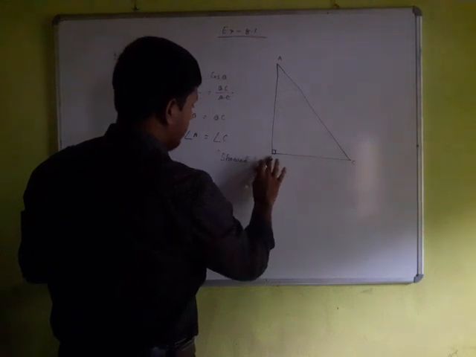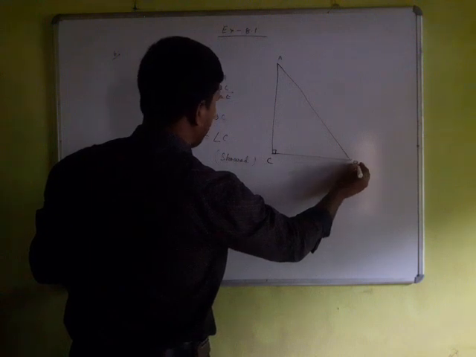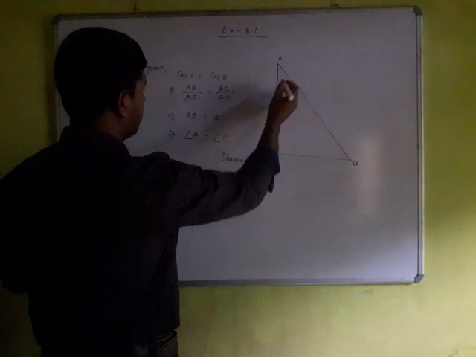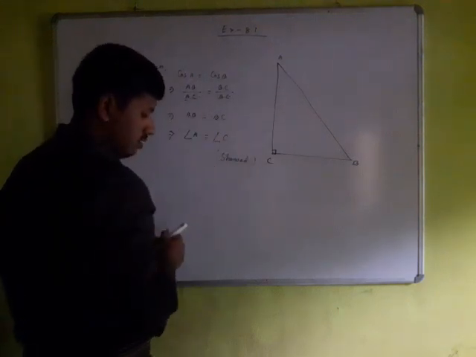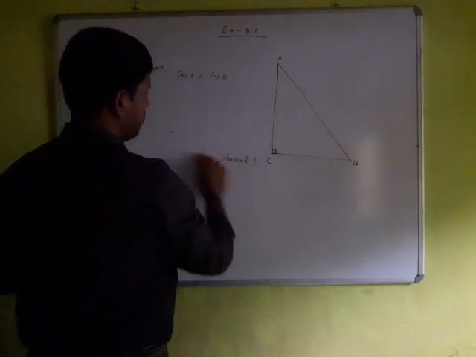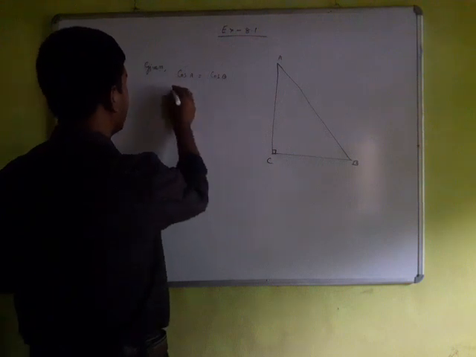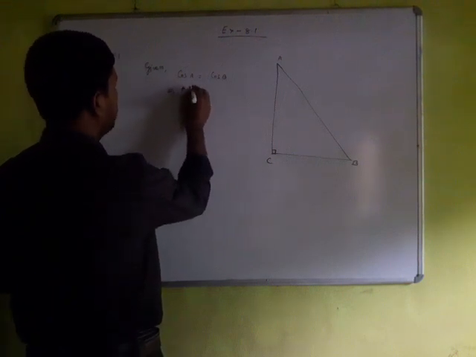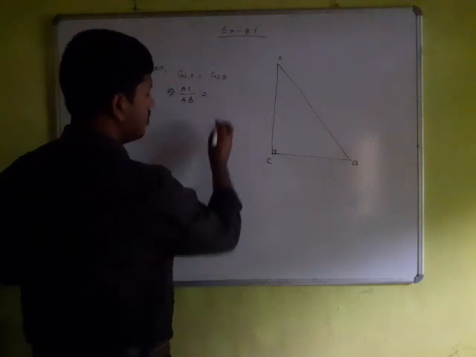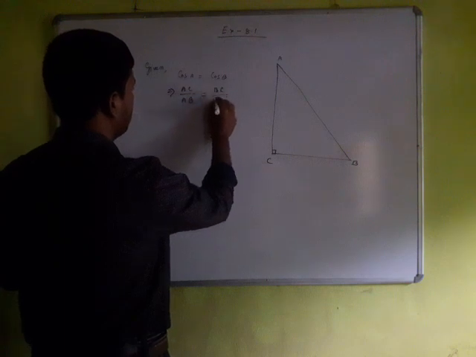So if angle C is 90 and angle A and angle B are acute angles, then cos A is AC by AB, and cos B is BC by AB.